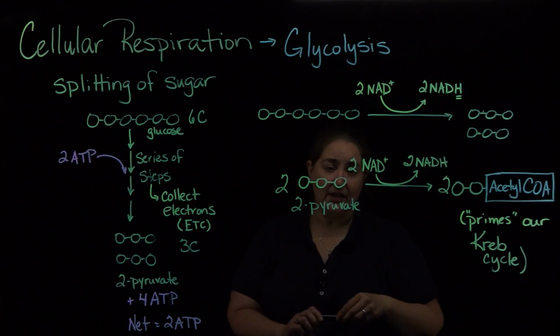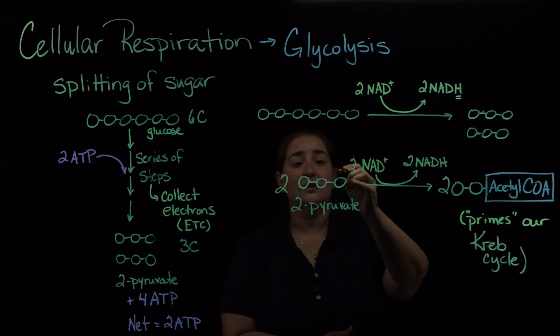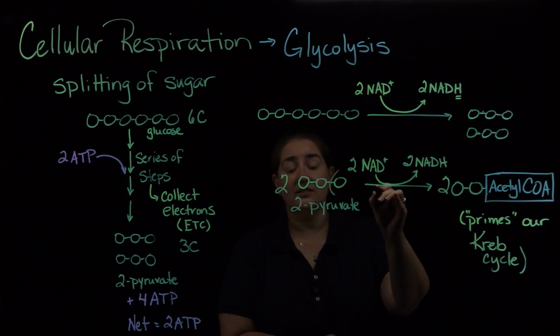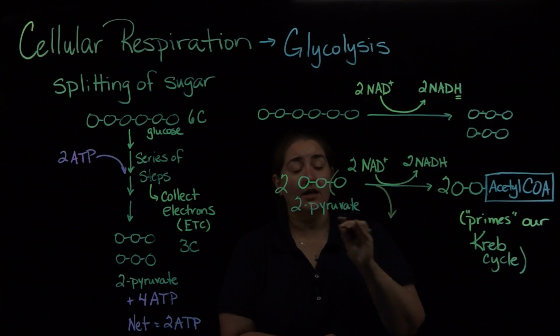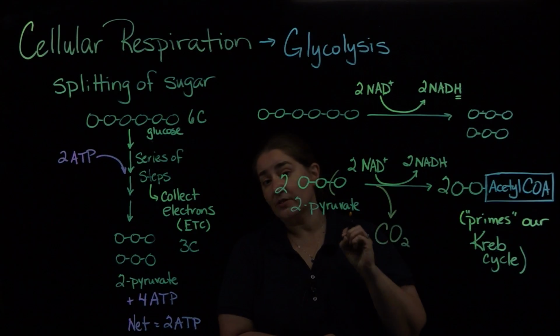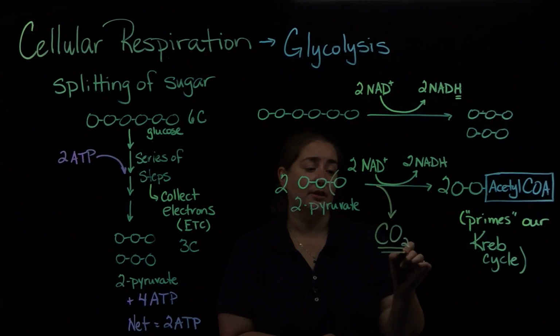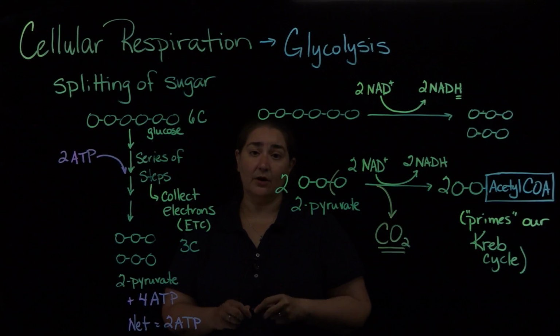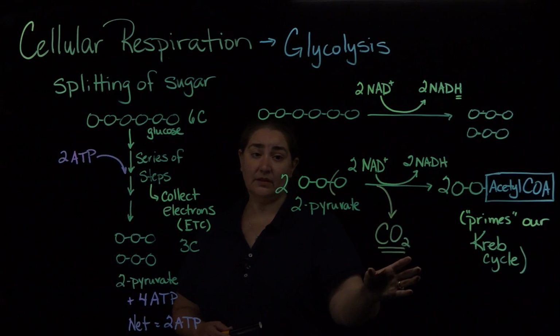All right? Now we got something else that happens here because we're lopping off one of our carbons, and that has to go somewhere. Okay? And where that goes to, this is now where some of our carbon dioxide in the process of aerobic cellular respiration is generated, okay? So we lose that carbon molecule in the form of carbon dioxide, all right?